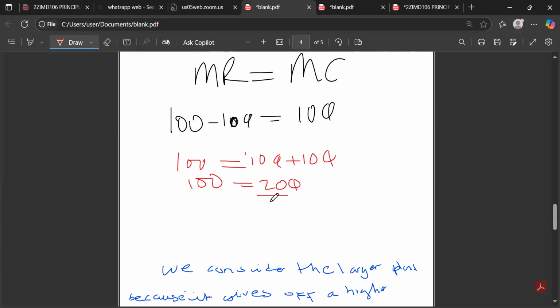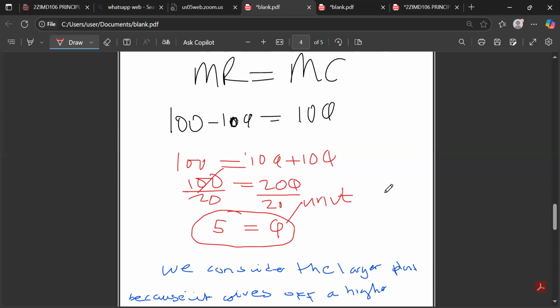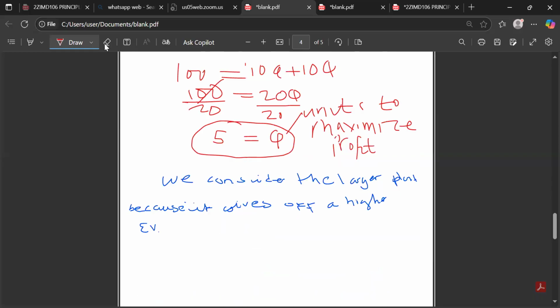So divide by 20, divide by 20. So our Q is equal to 5. So this is the number of units that will maximize profit. So these are units to maximize what? Profit.